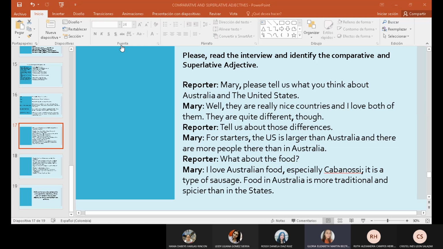For starters, the US is larger than Australia and there are more people there than in Australia. What about the food? I love Australian food, especially cabanossi. It is a type of sausage. Food in Australia is more traditional and spicier than in the States.